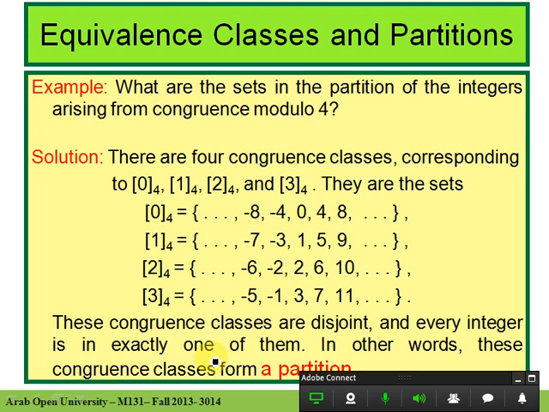And for 3, 3 divided by 4 remainder 3: 3, 7, 11 and so on. So these are the classes, the partitions of the integers coming from modulo 4.